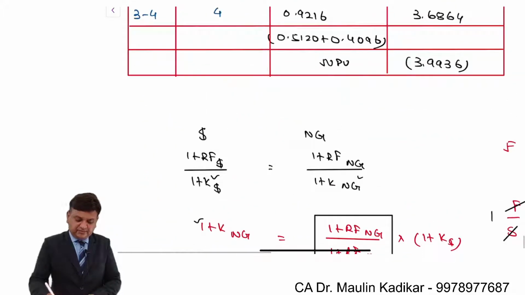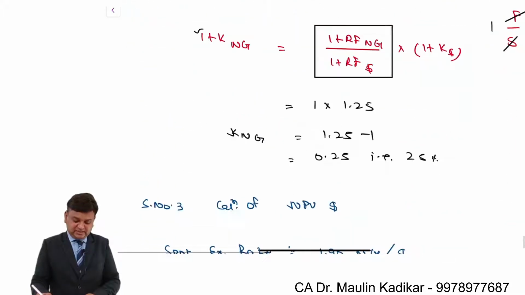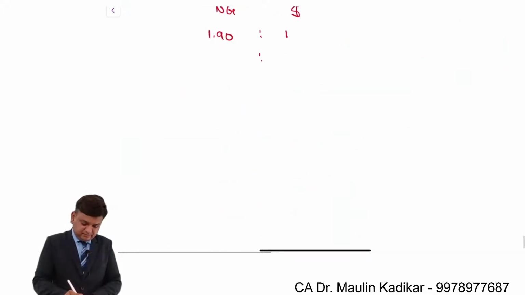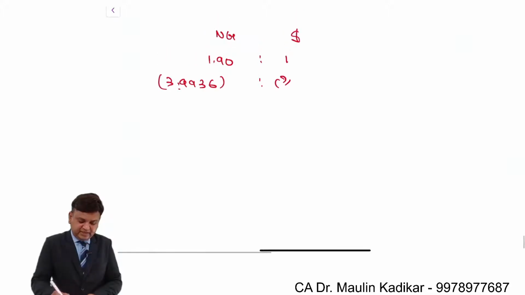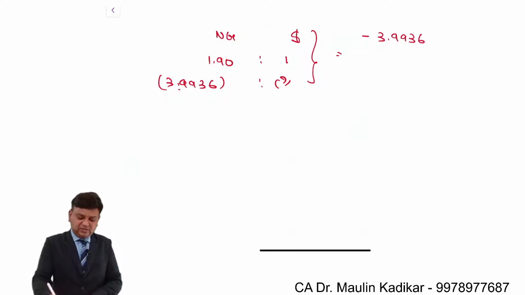The amount of the NPV is 3.9936. This is the negative NPV. In dollar currency term, it would be this much: 3.9936 divided by 1.90.